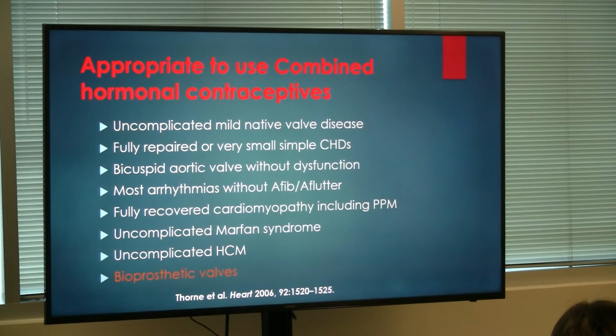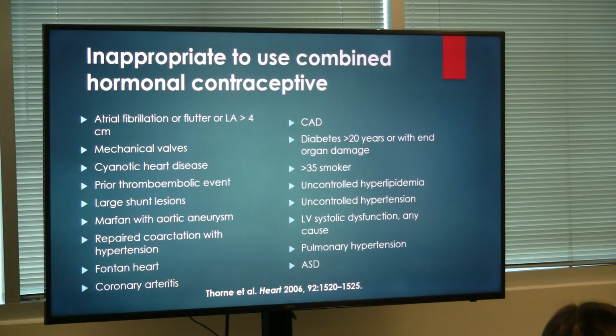And the bioprosthetic valves also seemed appropriate, but I highlighted this because that's very controversial. Because the bioprosthetic valves can also get thrombosis too, so we tend not to use it in the bioprosthetic valves either.